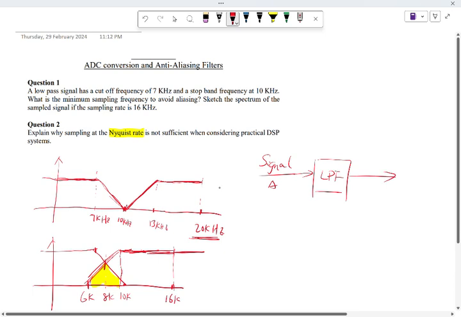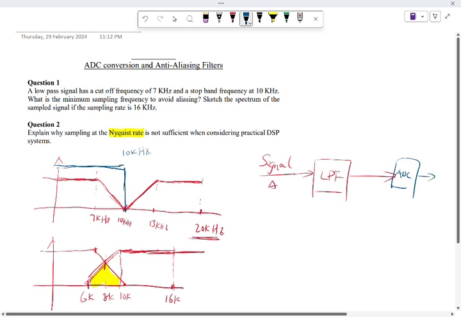For example, for this one, I will give this filter like this. So any frequency components inside the original signal above 10 kHz will be cut off. So when you copy or mirror that after the sampling, there will be no overlap. So then you can do ADC, which is the sampling.